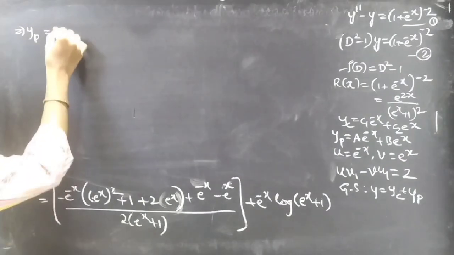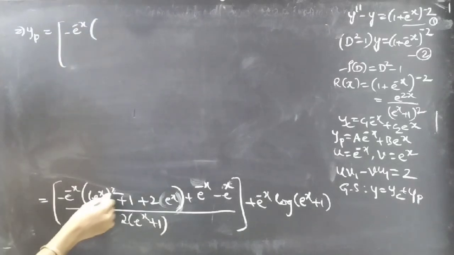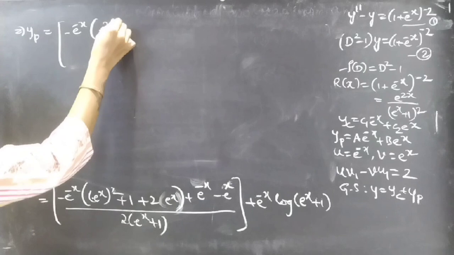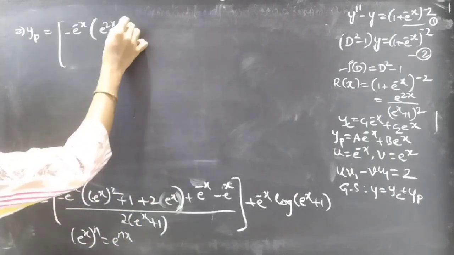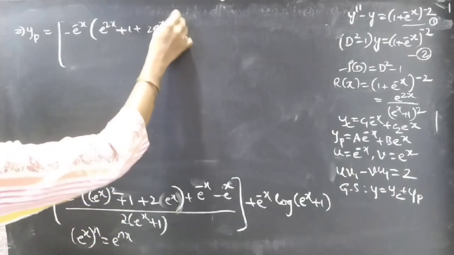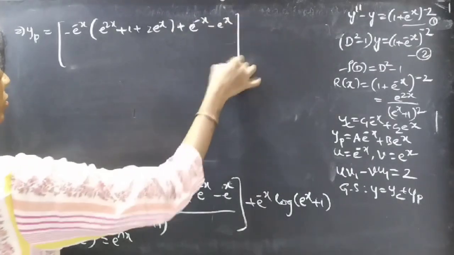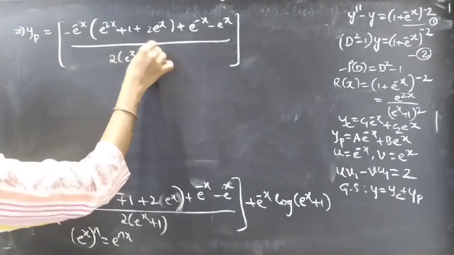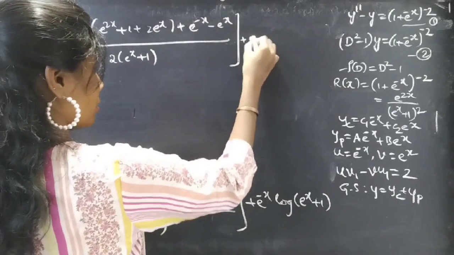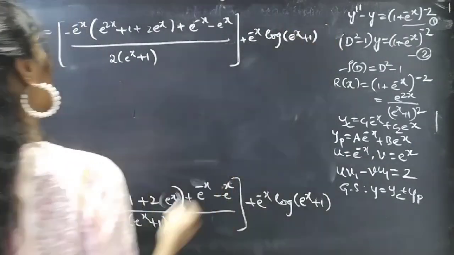This gives us minus e power minus x of (e power x) whole square is e power 2x, since (e power x) whole power n is equal to e power nx, plus 1 plus 2 e power x, plus (e power minus x minus e power x) by 2 times (e power x plus 1), plus e power minus x log of (e power x plus 1).